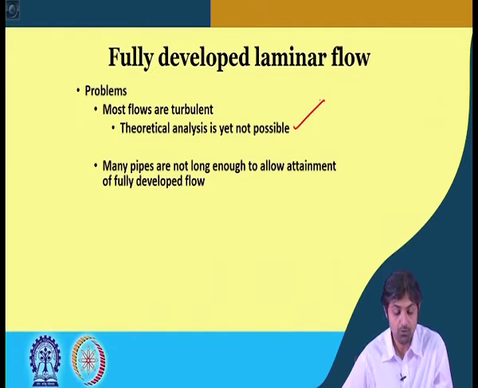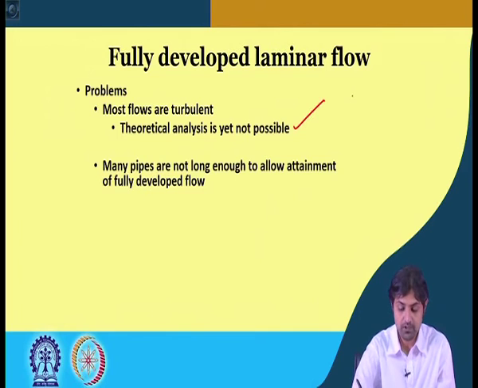Second, most of the pipes that we see in our network are not long enough to allow the attainment of fully developed flow, because LE by D is equal to 0.06 Re.